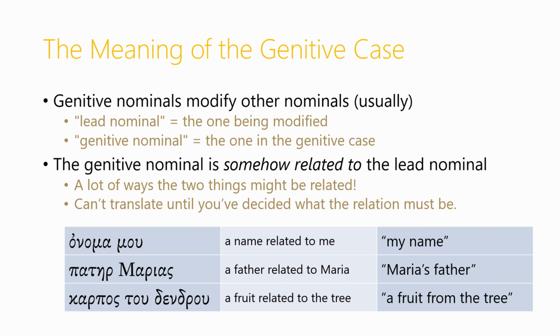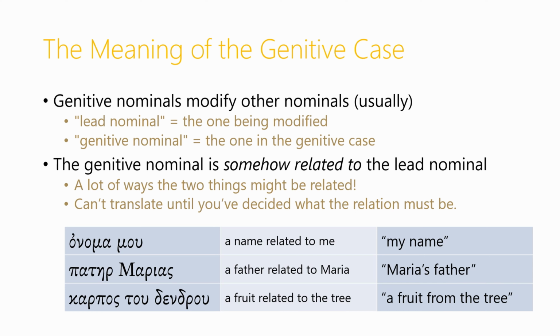We might translate that Maria's father, but notice it's not the father that Maria owns, possesses, it's the father who is the parent of Maria, a father that's genetically related to Maria. Karpos tou dendrou is a fruit that's somehow related to the tree. And so we might say a fruit that comes from the tree or a fruit from the tree. Well, that's a different relationship again between the fruit and the tree.